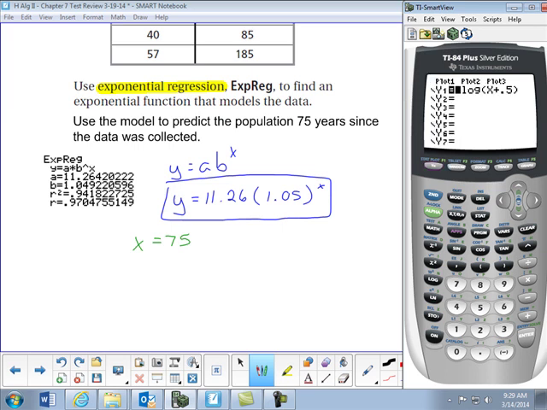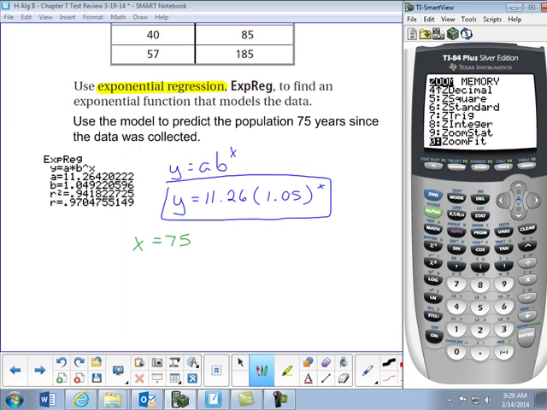Okay. And we're going to go, remember, into y equals, clear this up. Now we're doing a regression, so you got to turn your plots back on. Okay, plots back on. How do I paste this regression here? I go to vars, statistics, equation, enter.